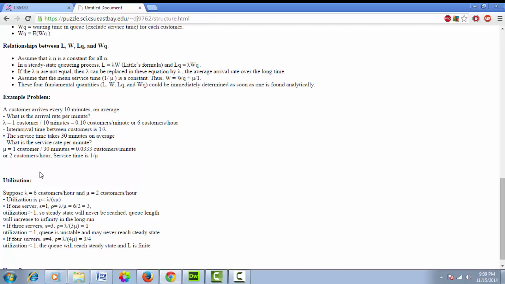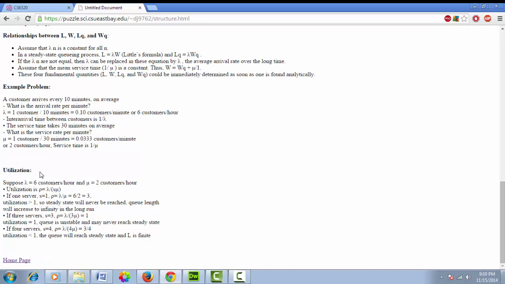The service time takes 30 minutes on average. What is the service rate per minute? Mu is equal to 1 customer by 30 minutes, which is 0.0333 customers per minute or 2 customers per hour. Service time is 1 by mu.